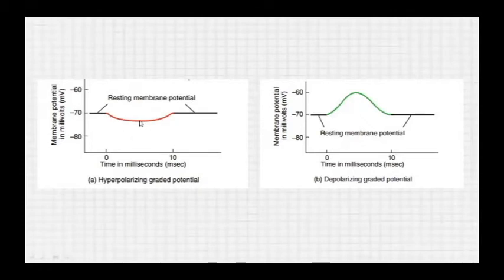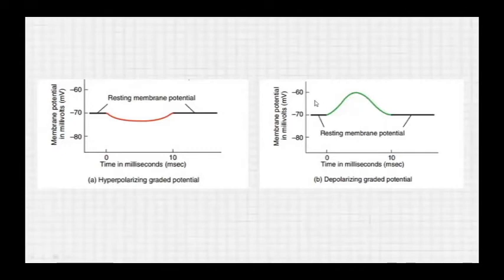However, in the depolarizing graded potential, the resting membrane potential has moved to a higher millivolt value, going towards -60, since it became less negative or more positive.